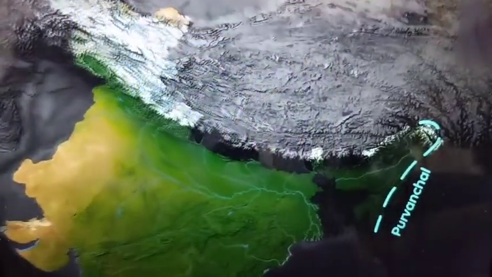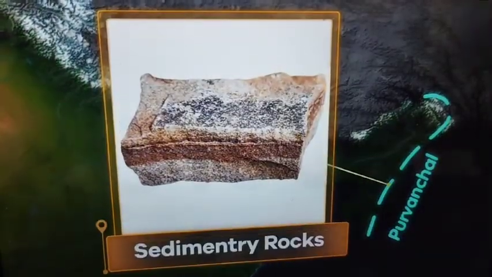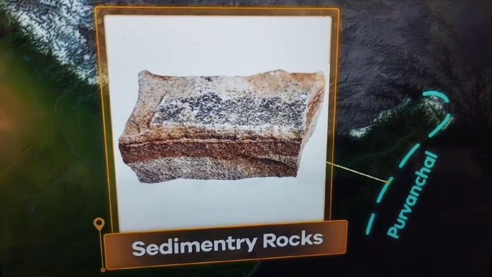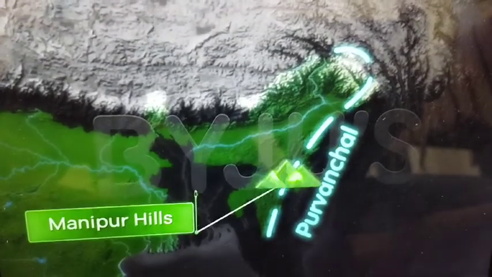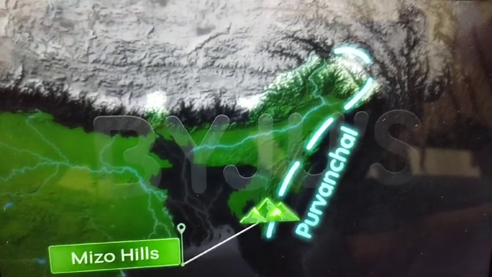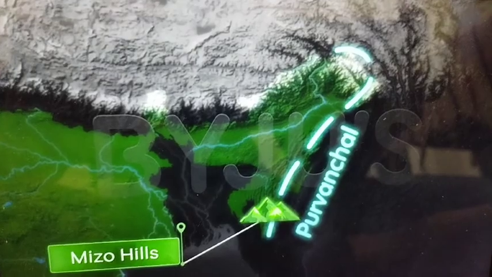The mountains in these ranges are mostly composed of sedimentary rocks like strong sandstone. The Patkai Hills, the Naga Hills, the Manipur Hills, and the Mizo Hills are some of the hills that make up the Purvanchal Himalayas.